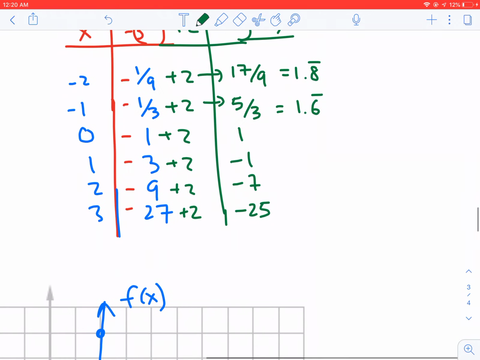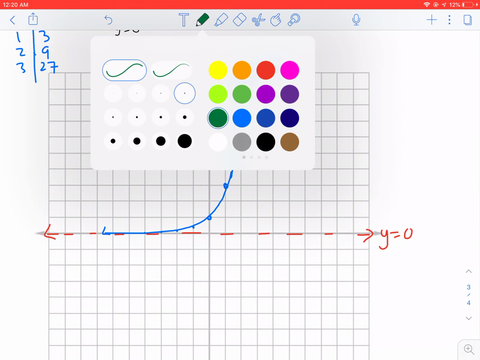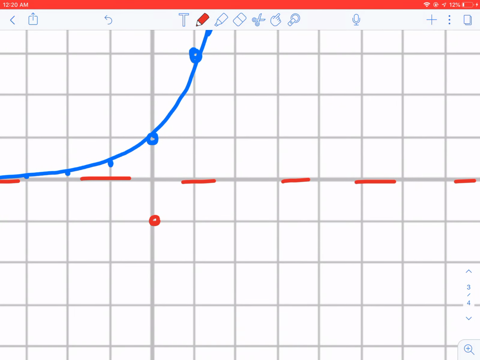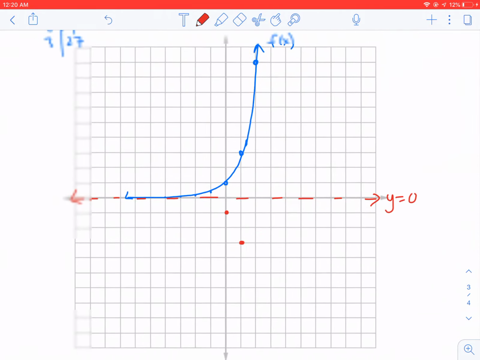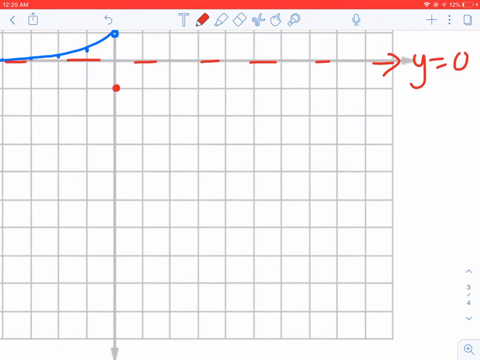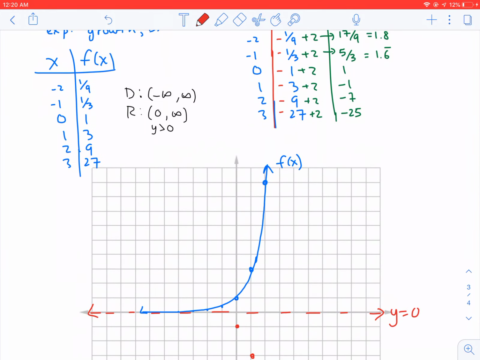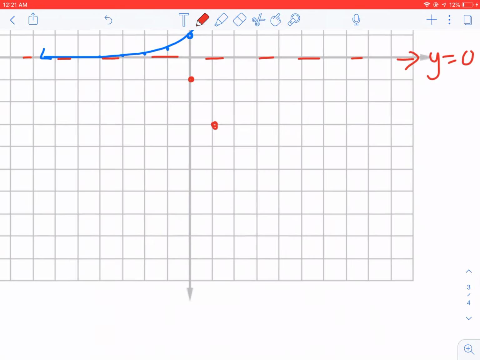Alright, so let's try graphing this guy now. Well, in fact, I think the easiest way is I'm going to graph the negative version first, and then I'm just going to shift it up 2 units. You can also just plot all those points. They should match up. I will check in a second. 2, 9 will become 2, negative 9.